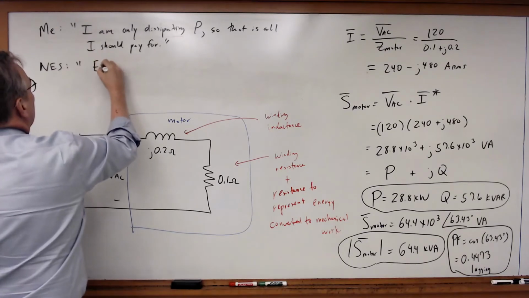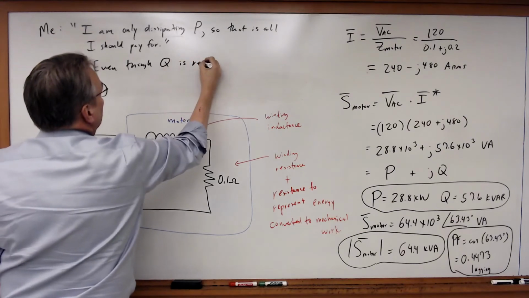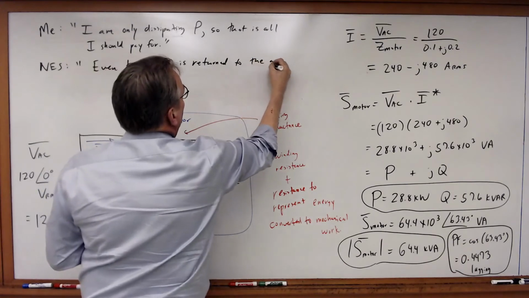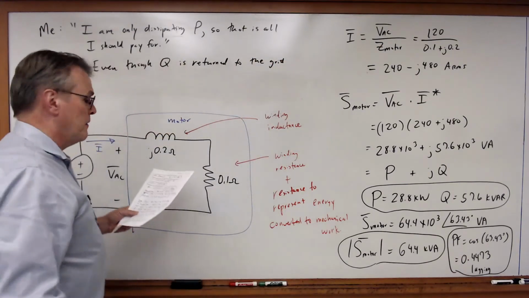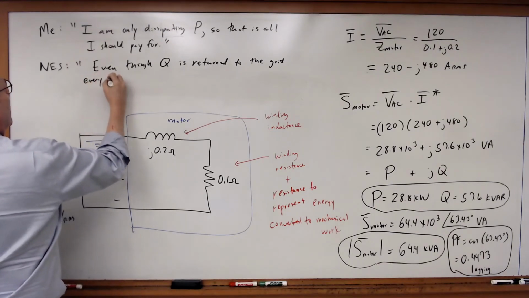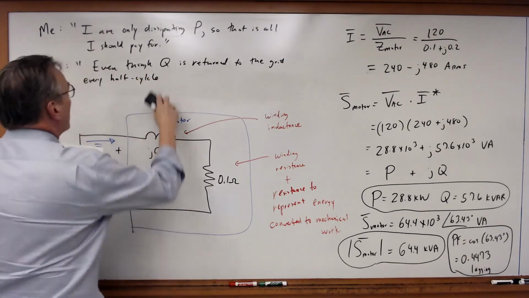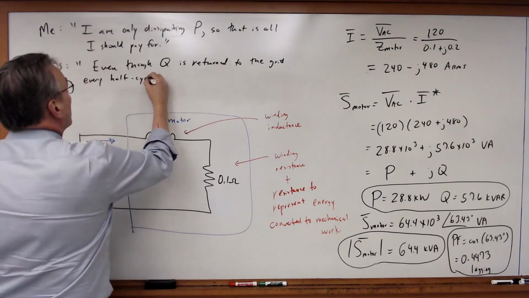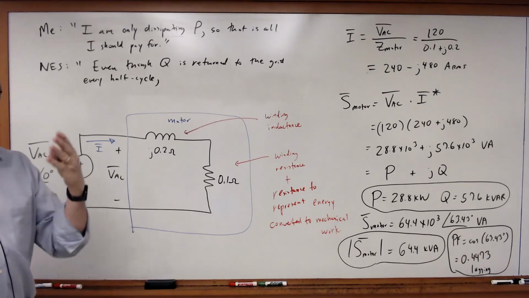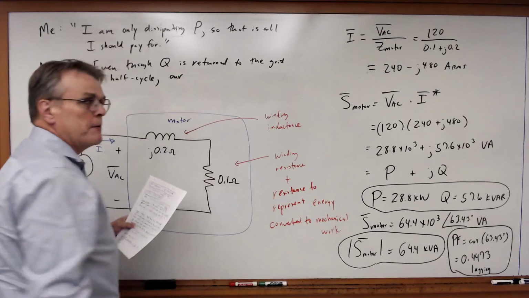So, even though Q is returned to the grid every half cycle, NES says we still have to give you that energy when you ask for it. Our generators must be able to supply it.